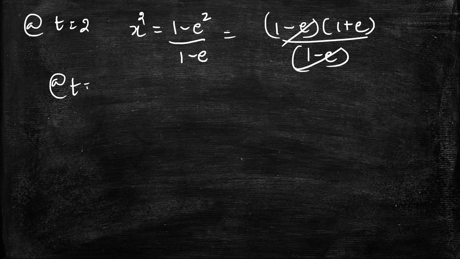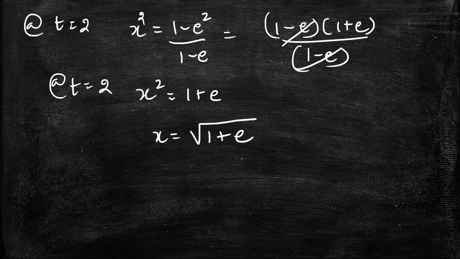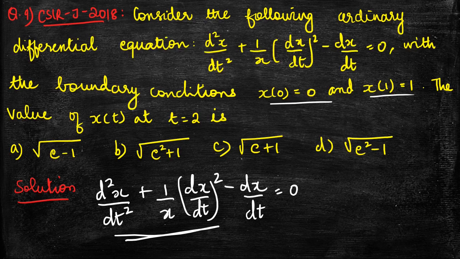So at t is equal to 2, x square will be 1 plus e and x will be root over 1 plus e. So the option is root over 1 plus e, which is option C.